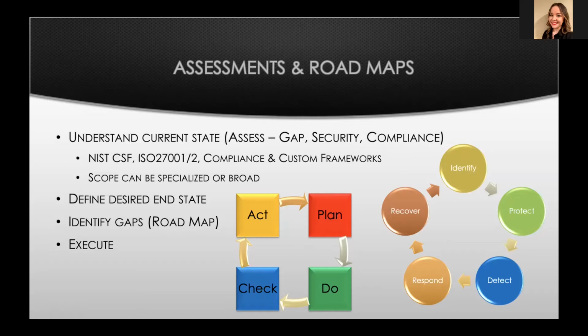GDPR says if a European citizen tells you, hey, I want you to delete all of my data, you have to be able to do that. You have to be able to prove it. It says if you are going to take personal information from an individual, you have to tell them what you're going to do with it and who to contact in case they want to get rid of it, right? So they're not dictating the way that you take it or what you do with it, other than it needs to be protected and encrypted in some way, but rather the processes that you need to be able to respond to this. So they're still kind of leaving it up to that. And California is very similar.